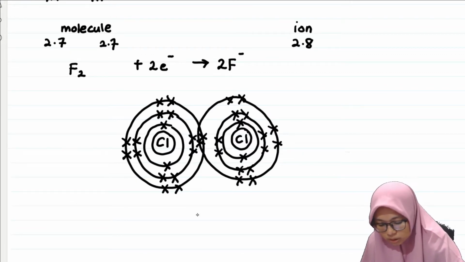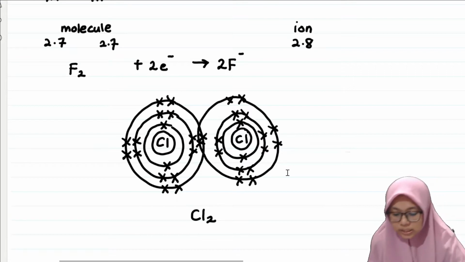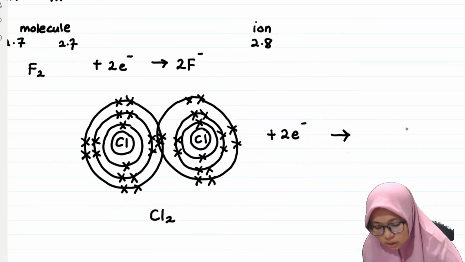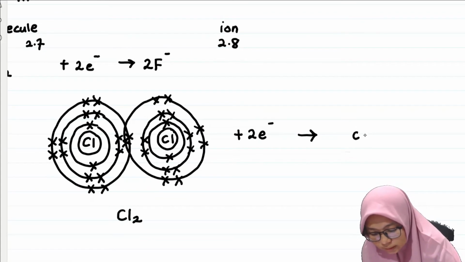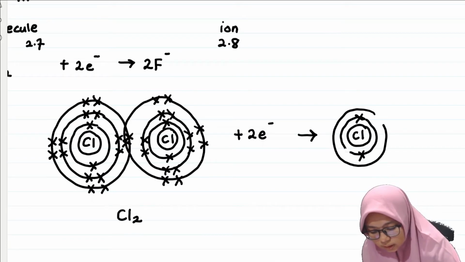So this is the chlorine molecule. The chlorine molecule can also accept 2 electrons to form chloride ions. So the electron arrangement of the chloride ion will become 2, and then 8.